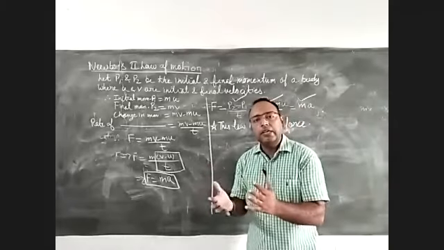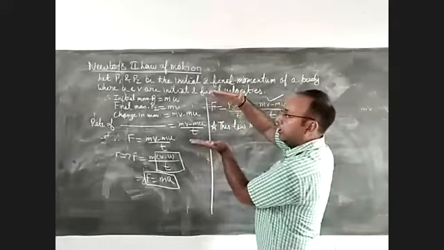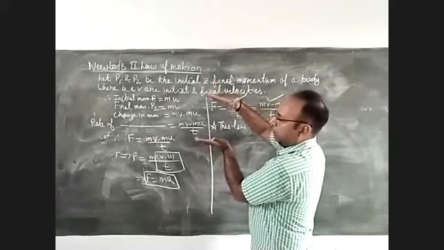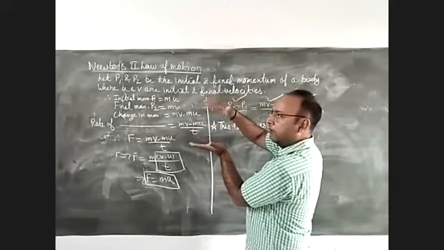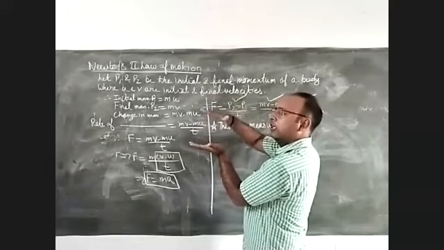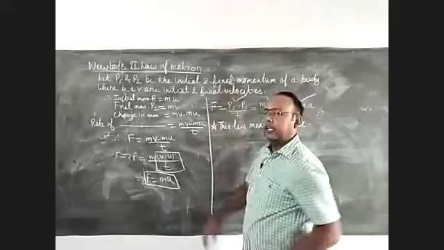In the same way, very common examples are the shockers used in vehicles. You might have seen the shockers in vehicles. They are spring type, of this size. When a pit or any hump comes, they press like this and they increase the time of change in momentum. So that's why the person will not feel any effect.